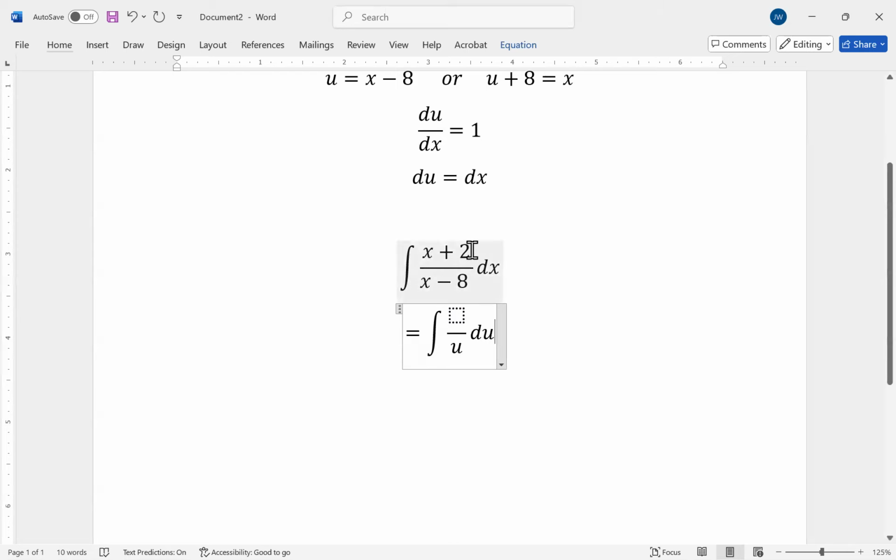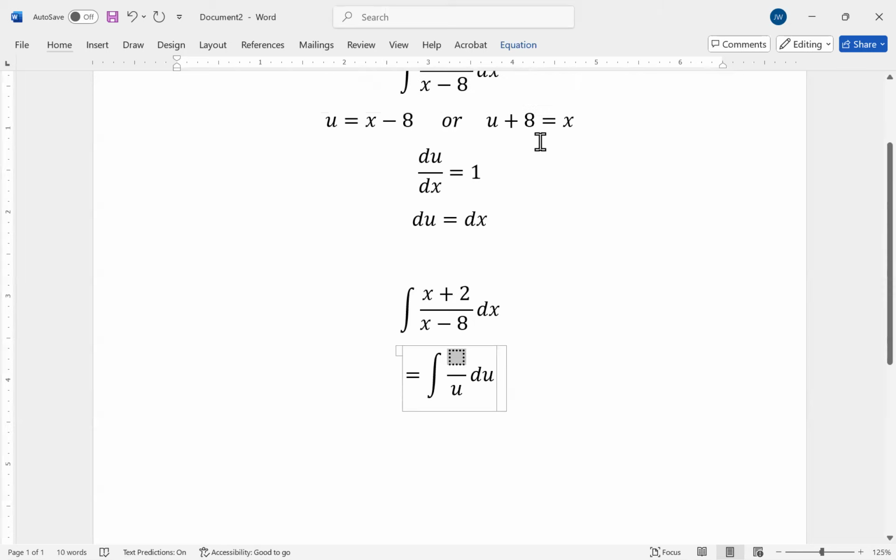And now I have this weird numerator to replace. But since x is equal to u plus 8, if I want to write that numerator with respect to u, I can say it's going to be u plus 8 plus an additional 2.